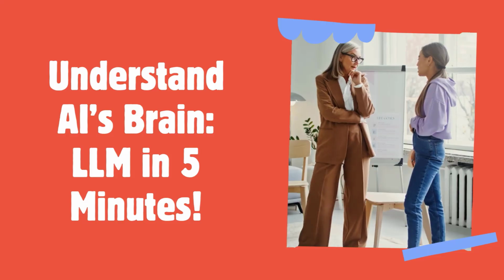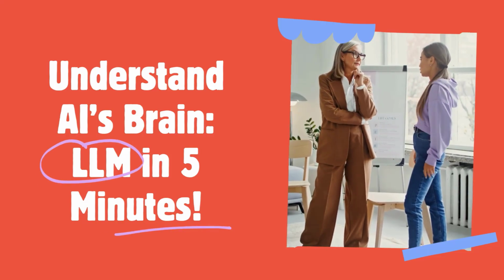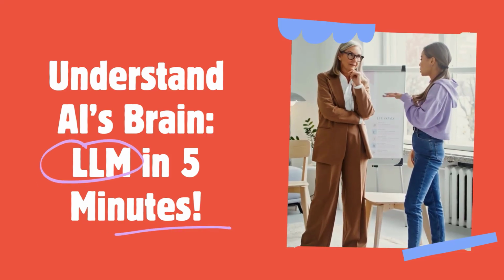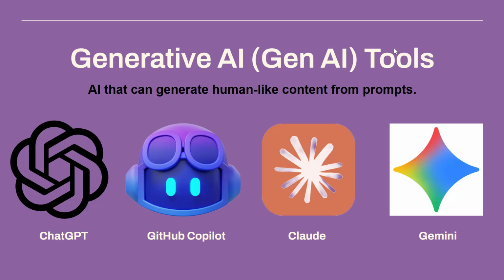In this video tutorial, we are going to learn about LLM, that stands for Large Language Model, in 5 minutes. So, the AI market is booming and tools are everywhere. From chatbots to image generators, there is no shortage of options. Here are a few of the most popular ones like ChatGPT, GitHub Copilot, Claude, and Gemini.